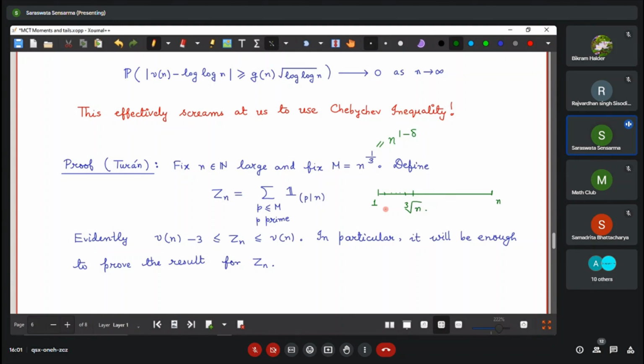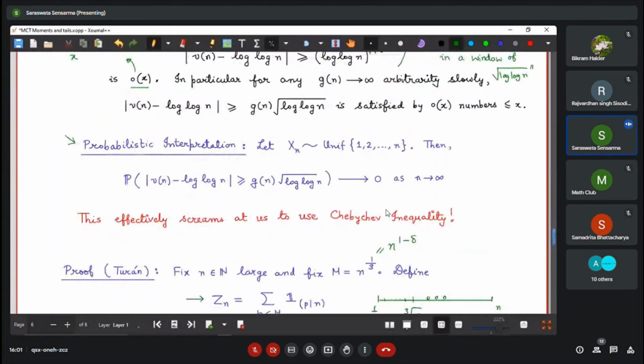Vn minus 3 and Vn, so this Zn, the number of primes less than cube root of n which divide n, this inequality must be satisfied because there can't be more than 3 primes here. The product will be larger than n. So effectively bounding this random variable is the same as bounding Vn. It doesn't matter since they're both increasing. So if we can prove this result, with Zn instead of Vn, then we'll be done.